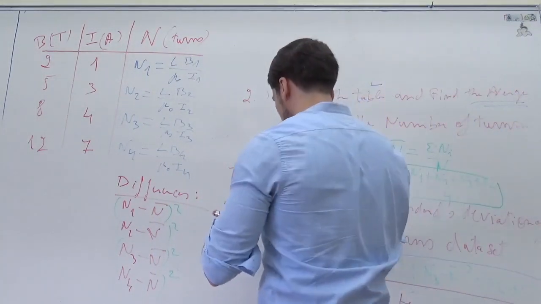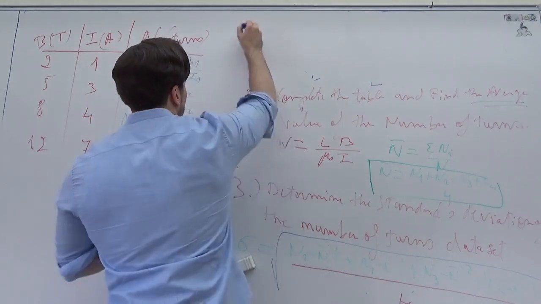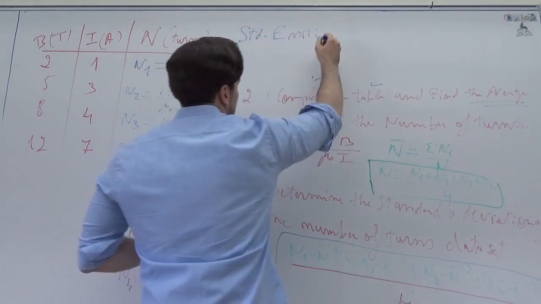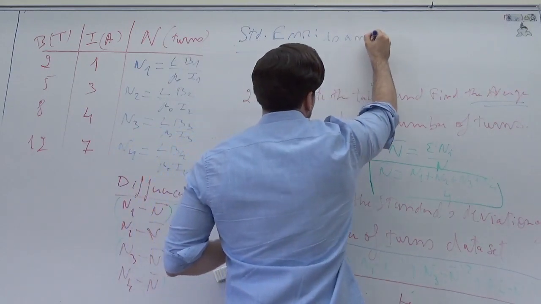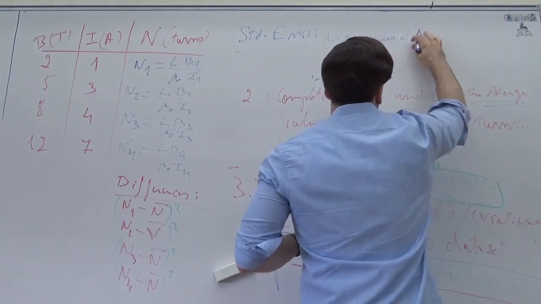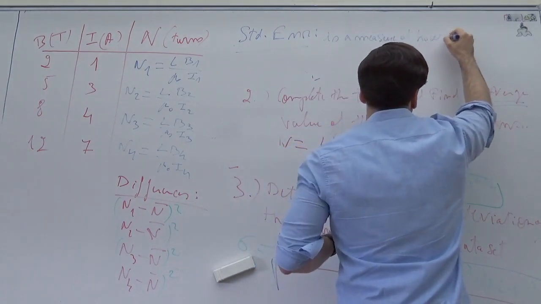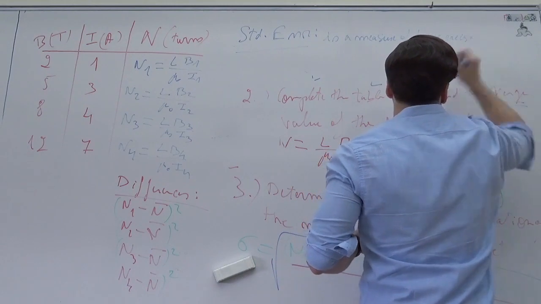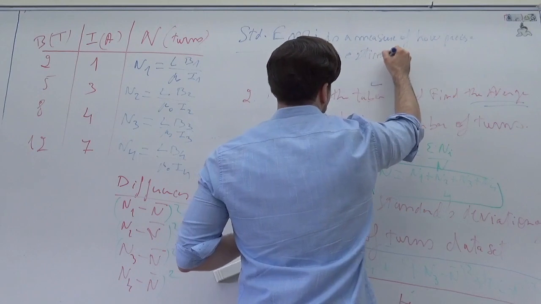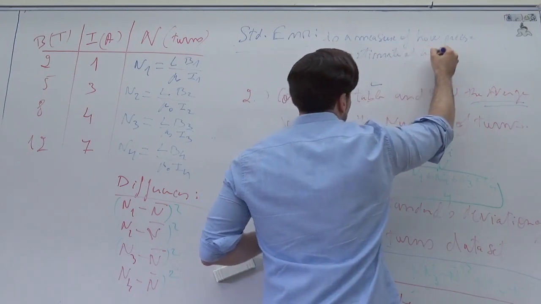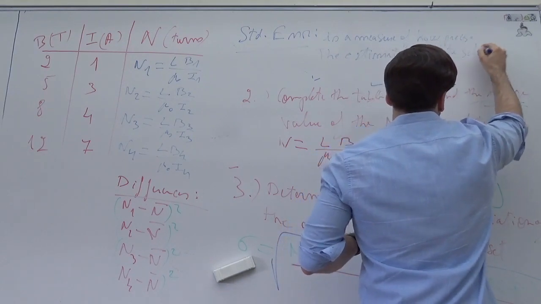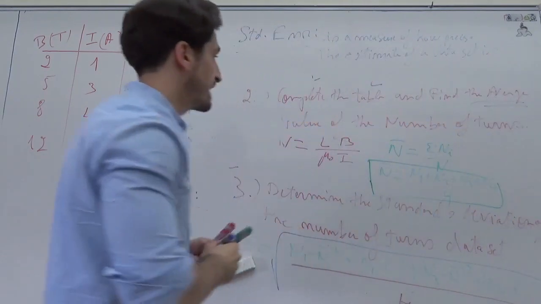So let's start. The standard error is a measure of how precise the estimate of a data set is. So like I said, the estimate is actually what?